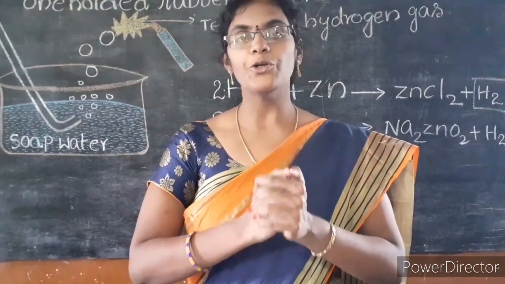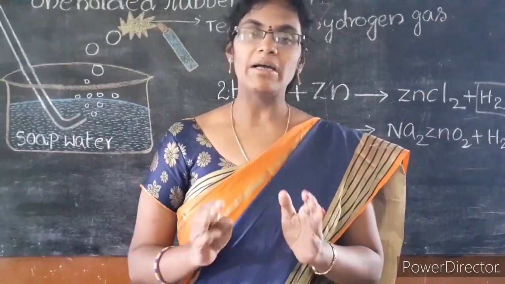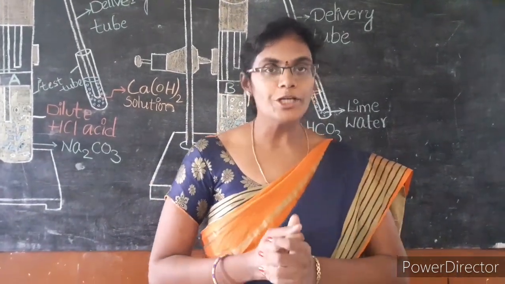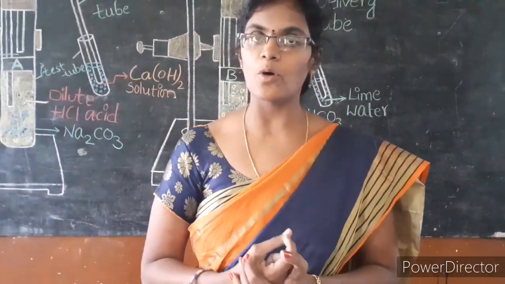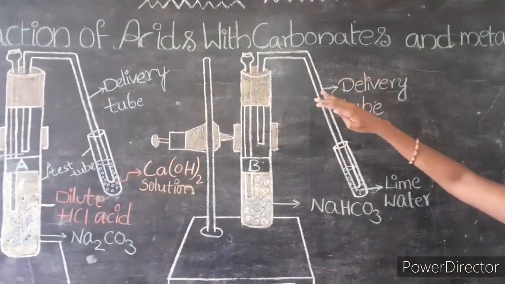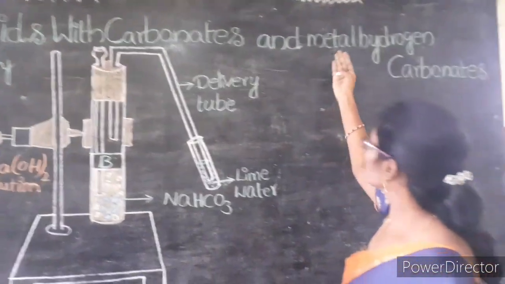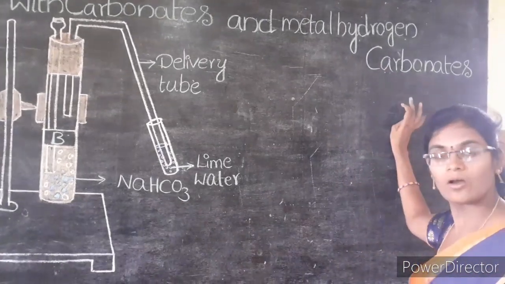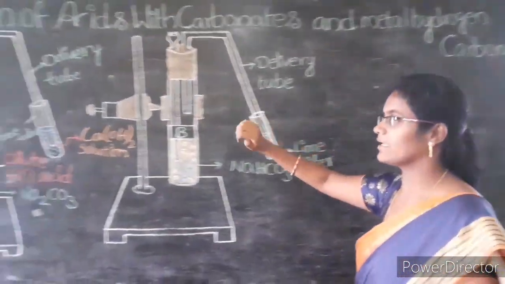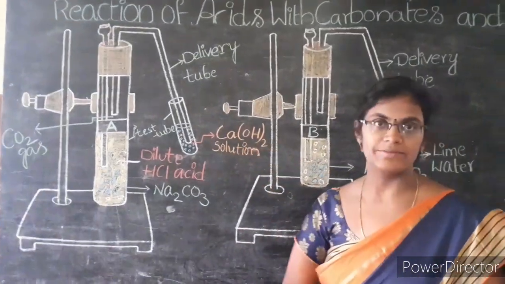Children, I hope you are perfect in this lab activity and activity 3. Now I am going to explain one more chemical property of acids. That is the reaction of acids with carbonates and metal hydrogen carbonates. For your better understanding, I am explaining this with an activity.